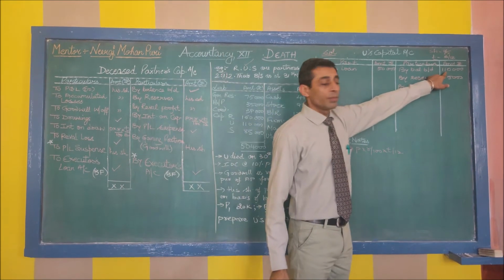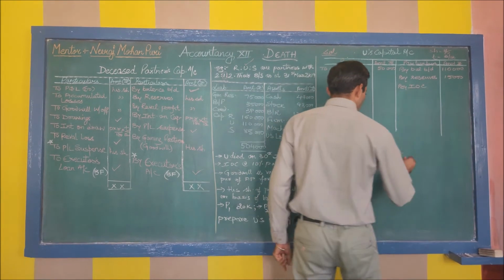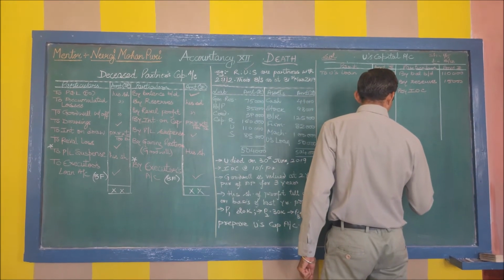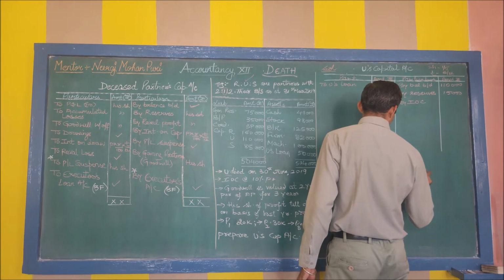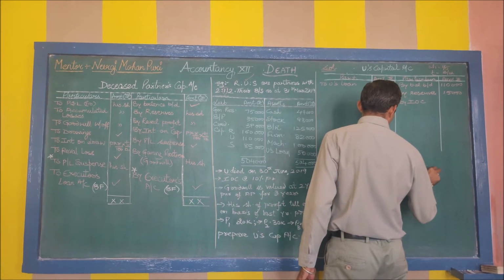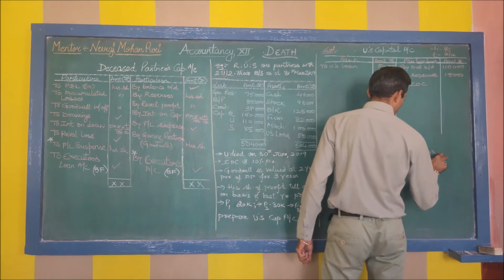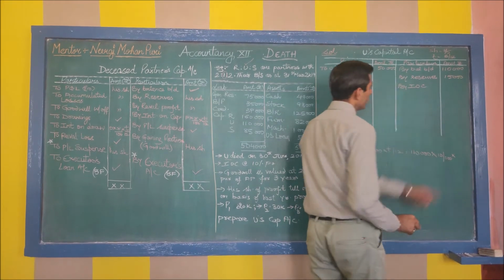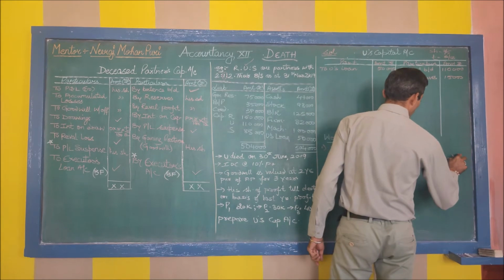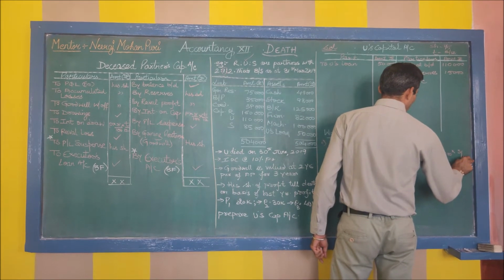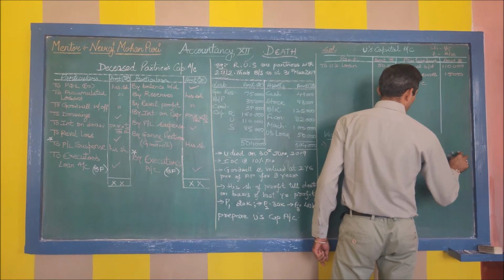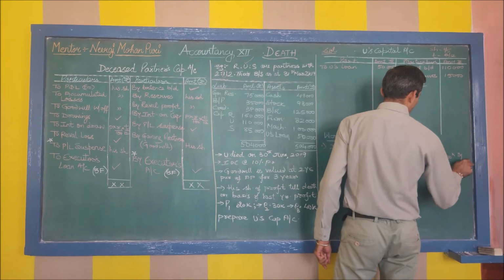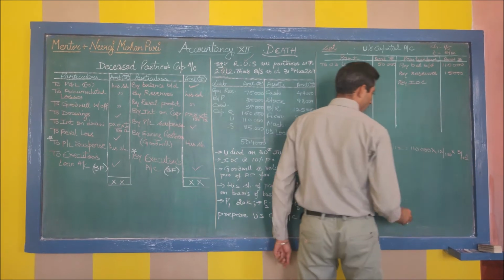Principal will be the balance brought down, so this is 1,10,000. 1,10,000 multiplied by rate, given 10%, 10 upon 100, multiplied by time. Time is 3 upon 12. So 3 upon 12 is 1 upon 4.